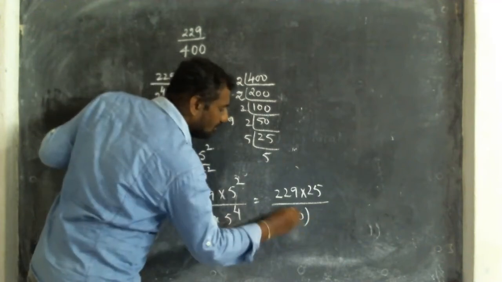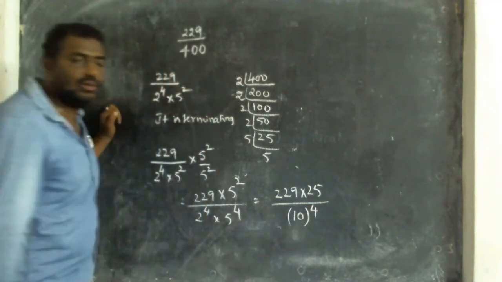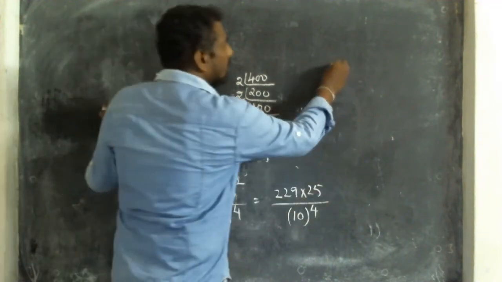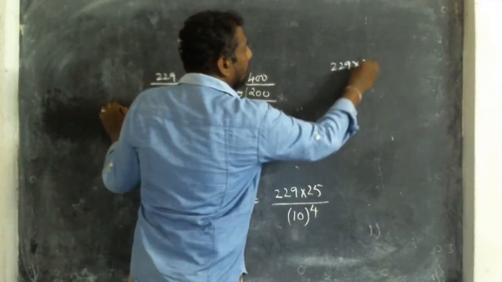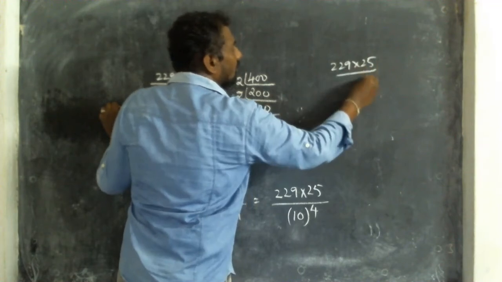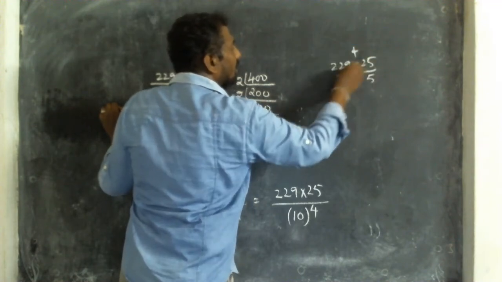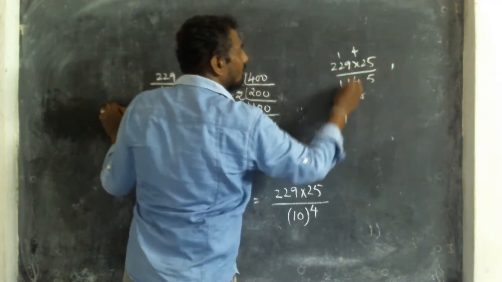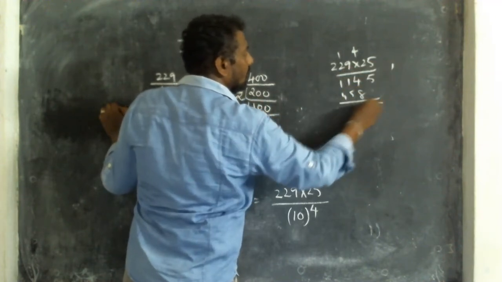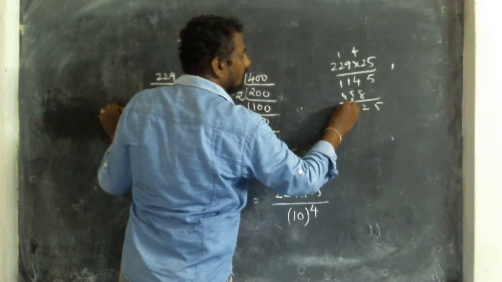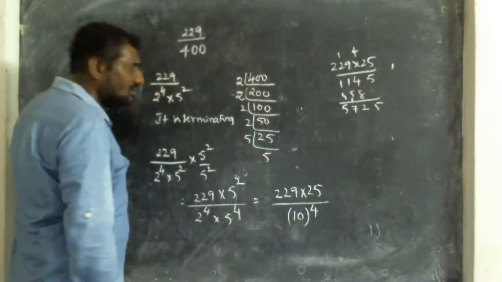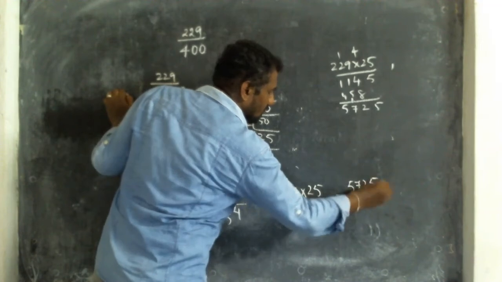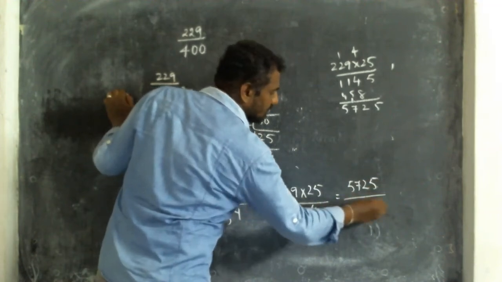Multiply 229 into 25. 5 nines are 45, 5 twos are 10, and so on, giving 5725 by 10,000.